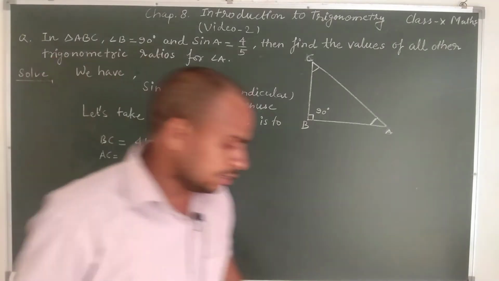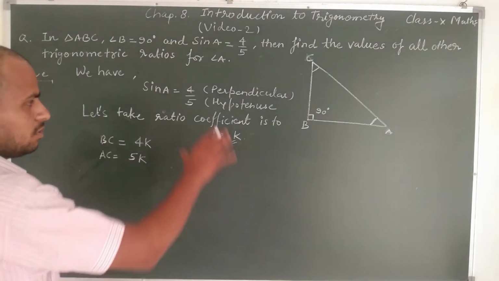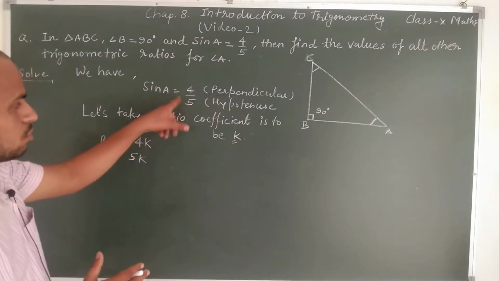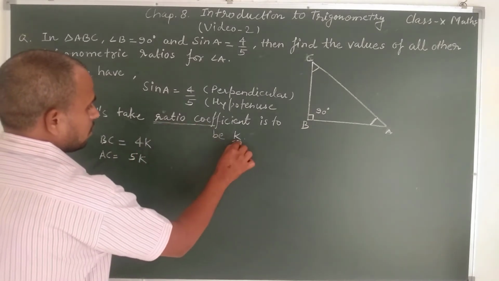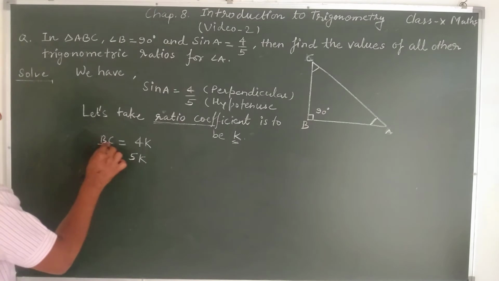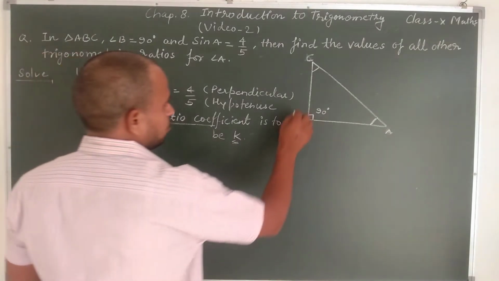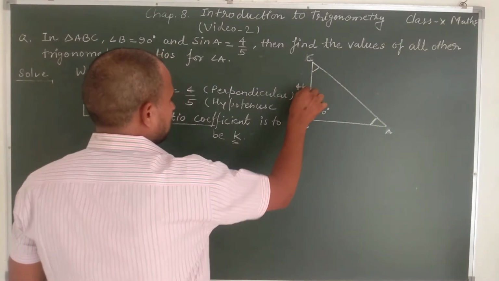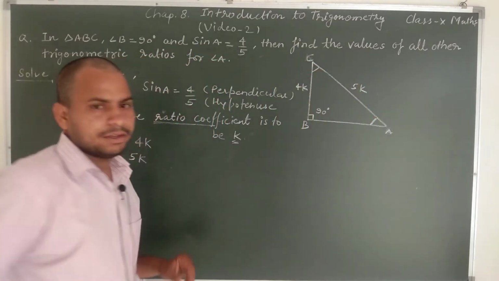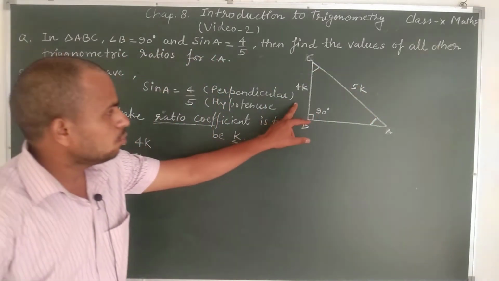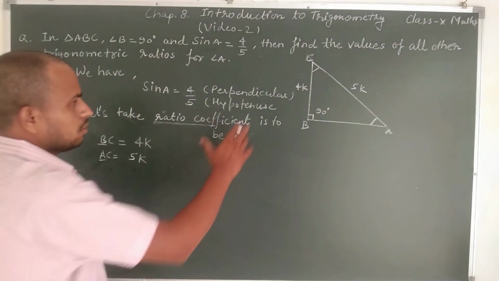The ratio coefficient is very necessary to solve this type of ratio question. So BC is 4k and AC is 5k.